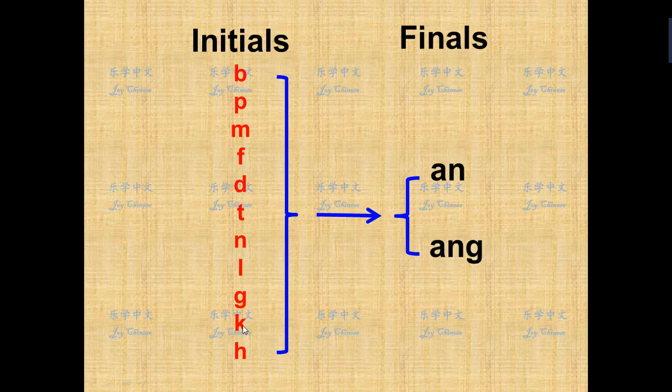ge, ke, he. Here we do a little bit of practice. Combine bo, an, ban, ban. Combine bo with ang, bang, bang.